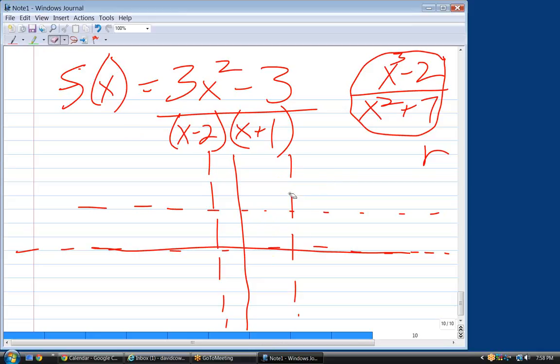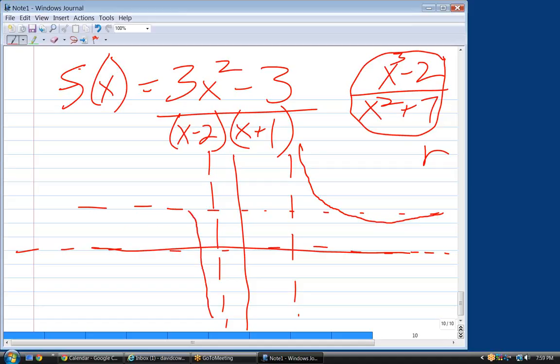That's the whole point of a vertical asymptote, is x can never be these values. But for horizontal asymptotes, it would be possible to have a function cross the asymptote and then come back and approach it as it goes to infinity. That is possible to do.